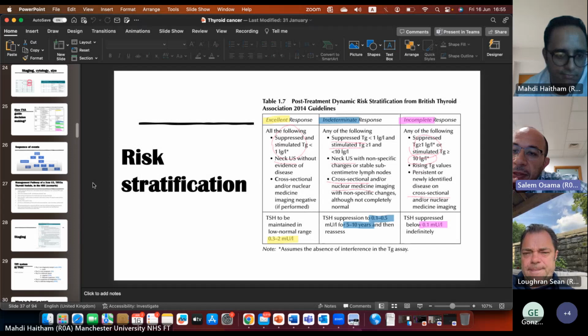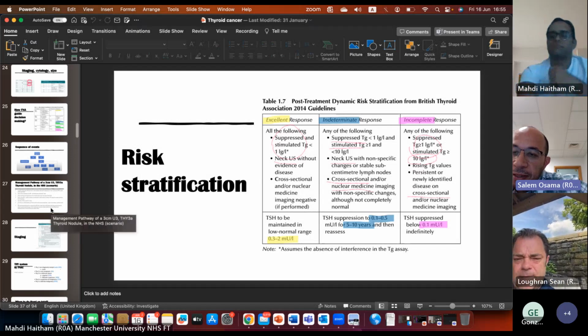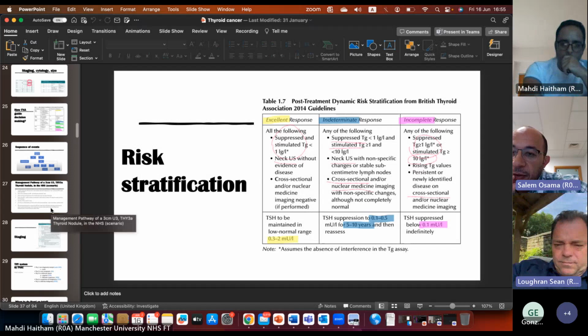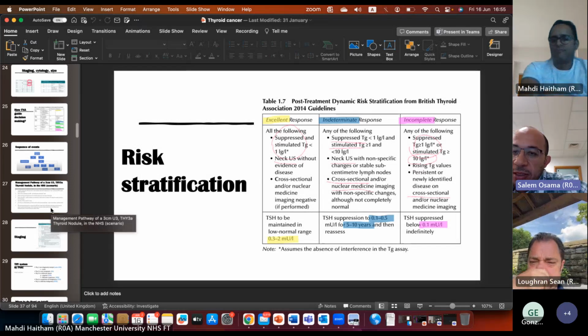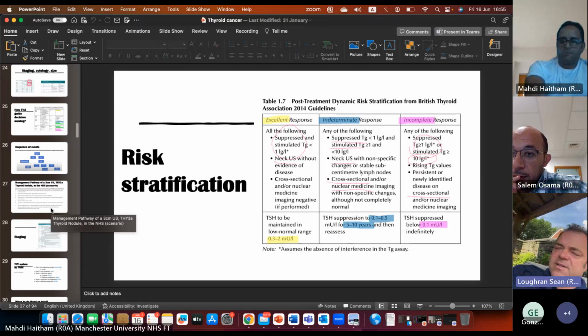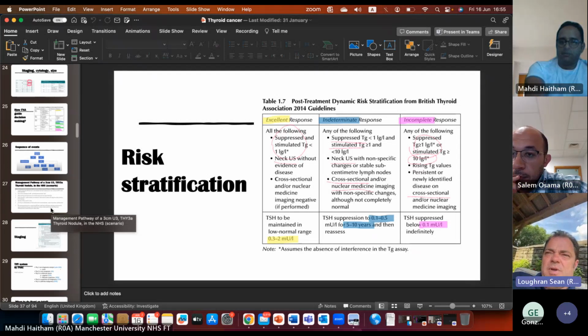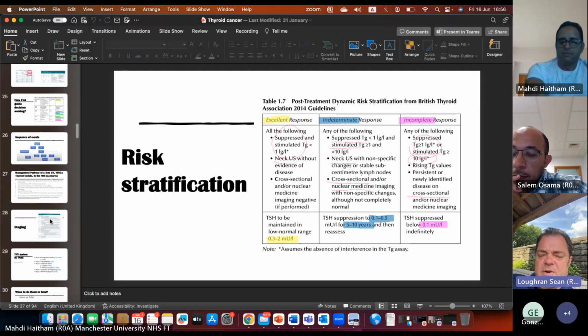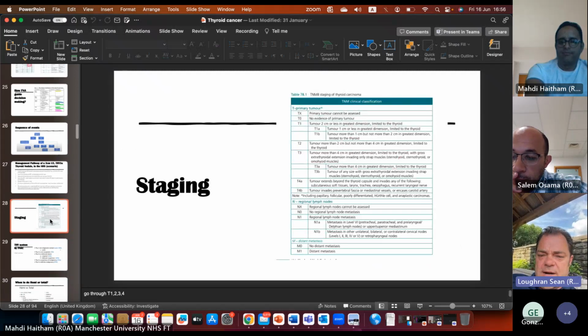So if the thyroglobulin, you said it should be undetectable, the thyroglobulin itself. So if it is just something low, I mean 3 or 4 or 5, it's still concerning. That's still definitely a concern, especially if the patient is TSH suppressed, and if they've got a recordable thyroglobulin of 1 or higher, there's a concern they may have recurrent disease.